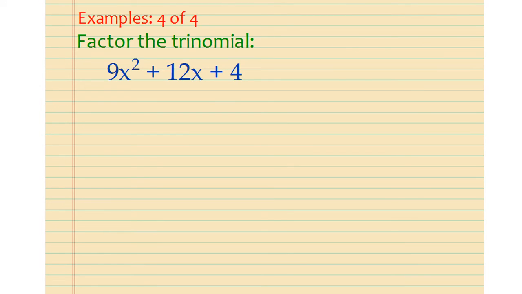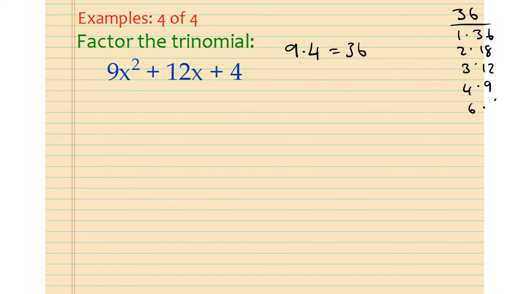Here's our next example. I will first find my magic number by multiplying 9 and 4 together, which is 36. I know 36 has many factors, like 1 and 36, 2 and 18, 3 and 12, 4 and 9, 6 and 6.